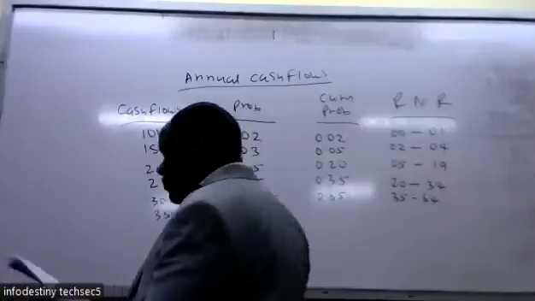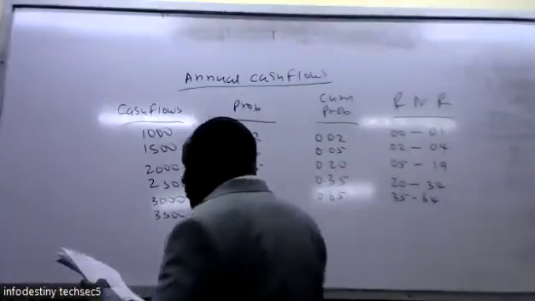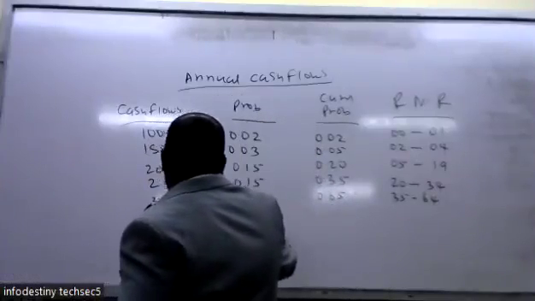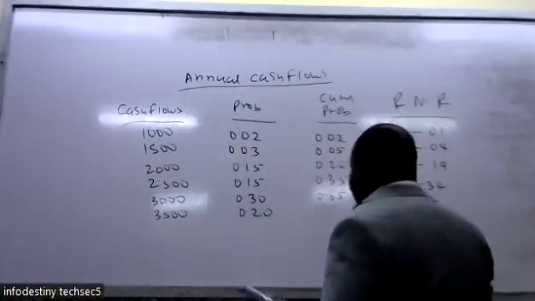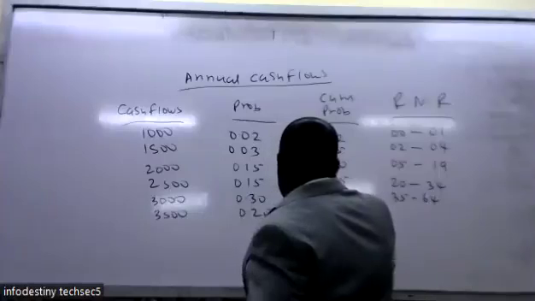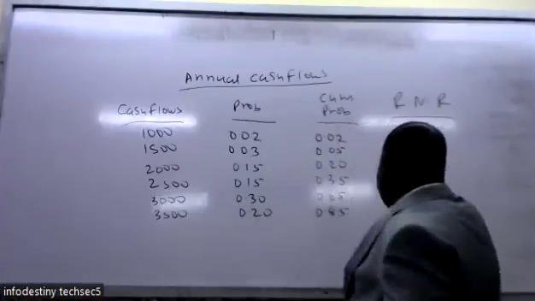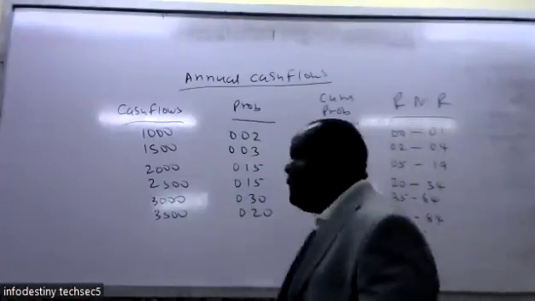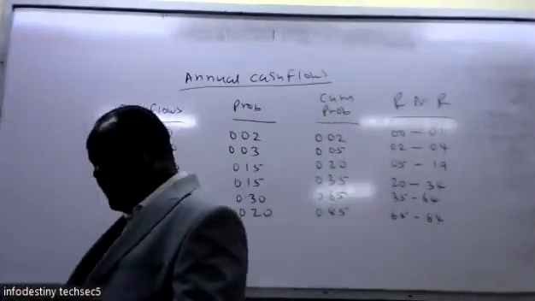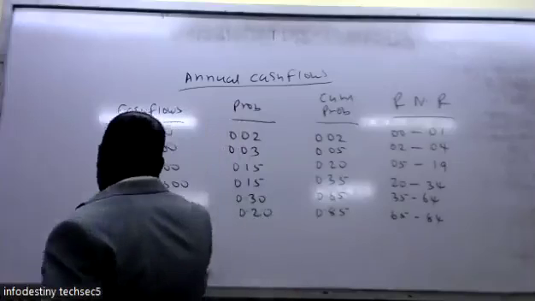So the next one is 3,500. The probability is 0.2, so the range will start from 65 to 84. Then the last one is the one for the 4,000.